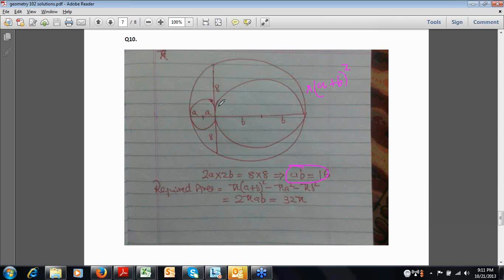And the areas of this circle and this circle are pi A square and pi B square respectively. So if you subtract these two values, you get the area which will be equal to 2 pi AB, and AB we know is 16, so just 32 pi is the area.